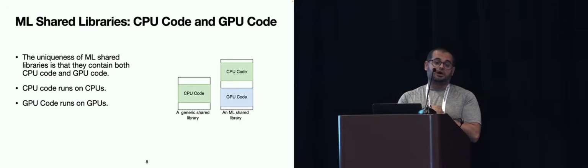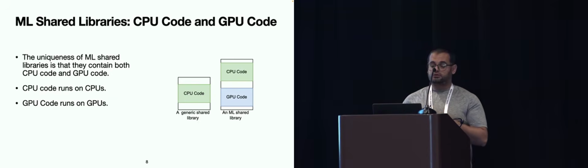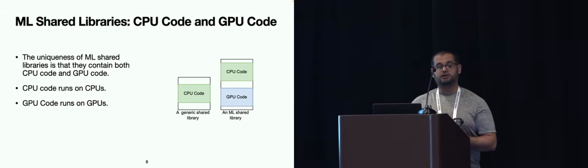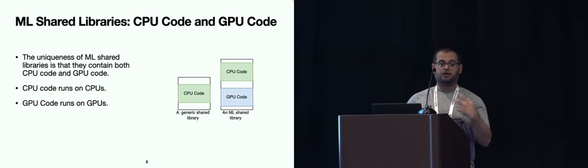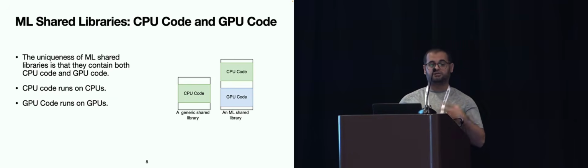Another unique aspect of shared libraries used in machine learning frameworks is that they incorporate both CPU code and GPU code, unlike generic or traditional applications where you have only CPU code.